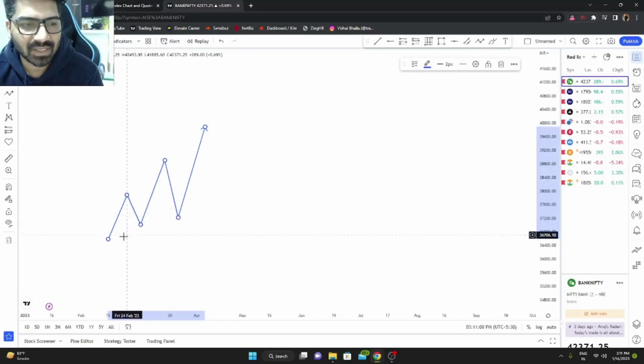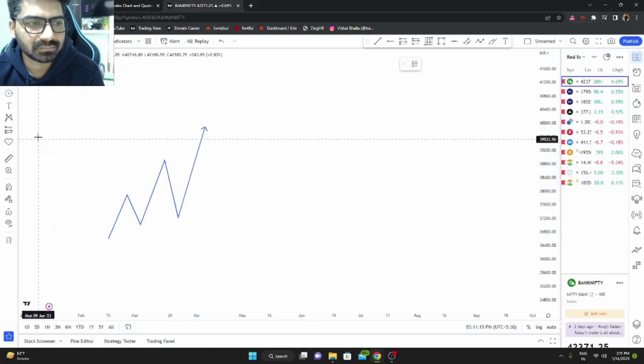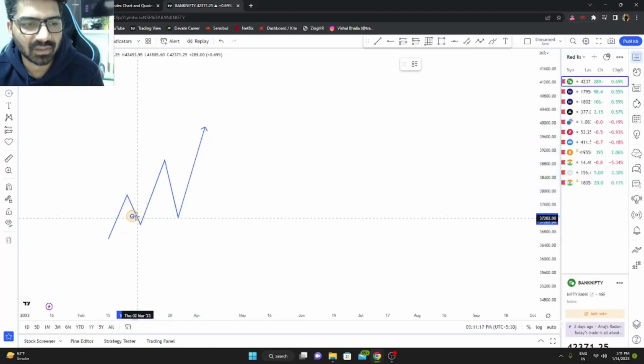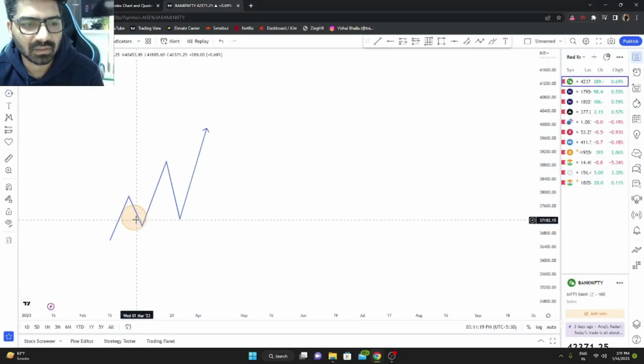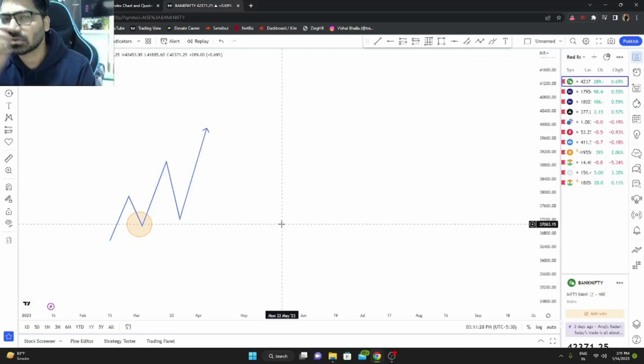So what happens is when the market is going up, the institution has placed an order right over here, I'll show you. Some orders are placed right over here in this zone. What the market makers will do is push the market up, and they are placing orders in lakhs and millions of quantities, right?